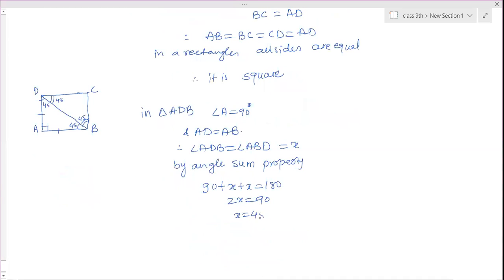So X is equal to 45. Therefore, angle ABD is equal to angle ADB, that is equal to 45 degrees. Angle B is 90. Therefore, angle CBD is also 45.